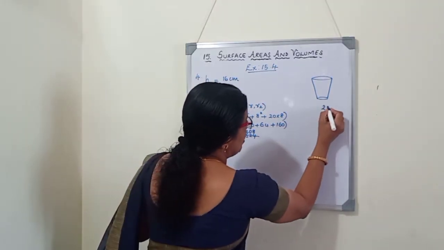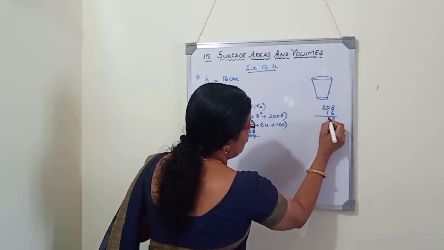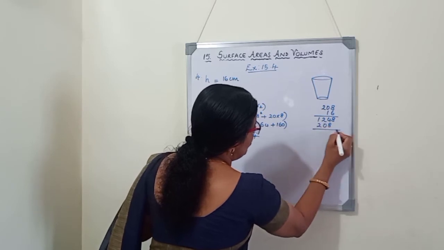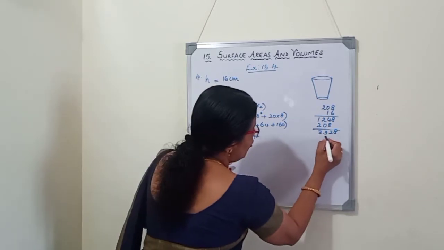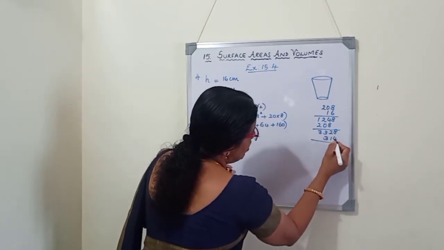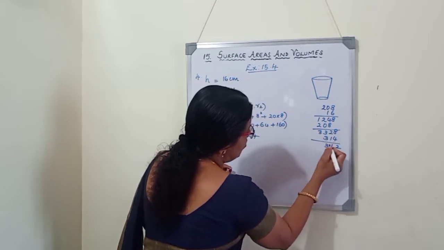208 into 16. 8 6s are 48, 4. 6 2s are 12, 8 1s are 8. 0, 2, 8, 12, 3, 3. We'll multiply with 3.14. 8 4s are 32, 3. 4 2s are 8, 11. 4 3s are 12, 13. Remainder 1.